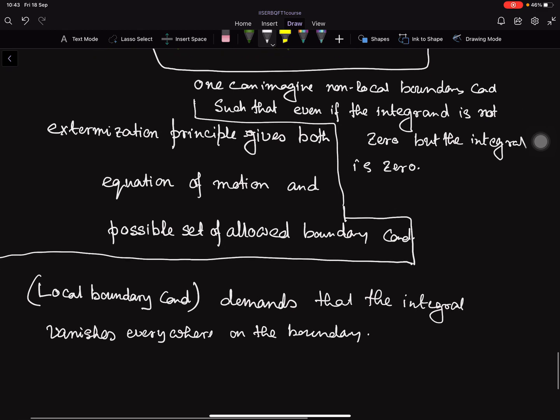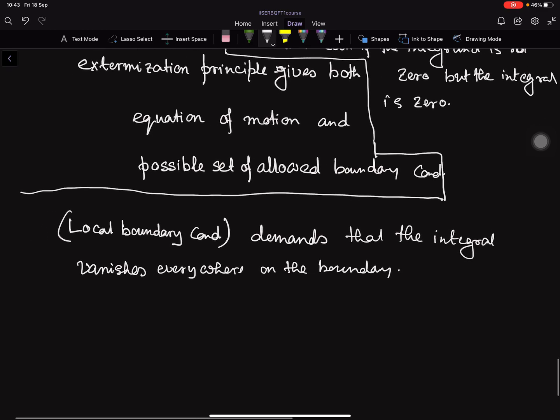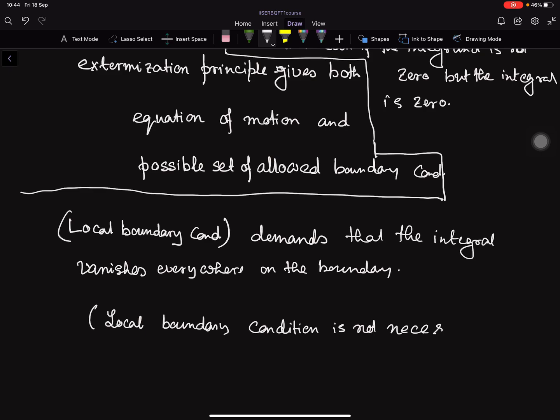So you see that this is a stricter condition. The local boundary condition is not necessary, but it is convenient.